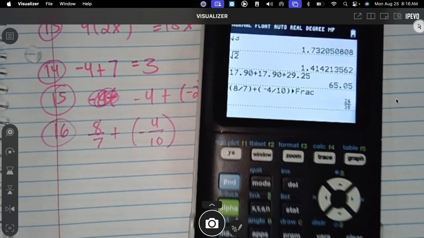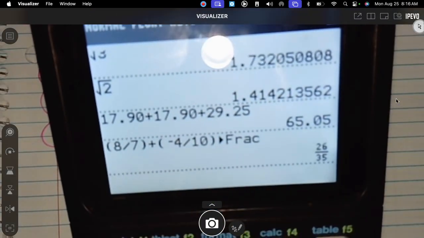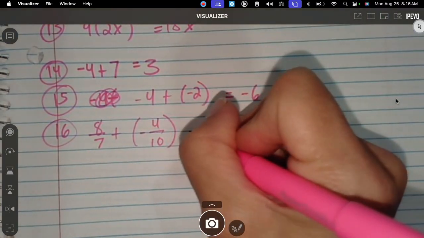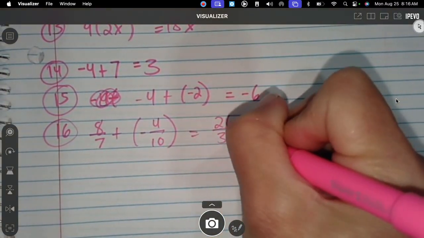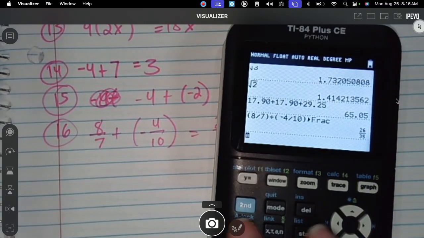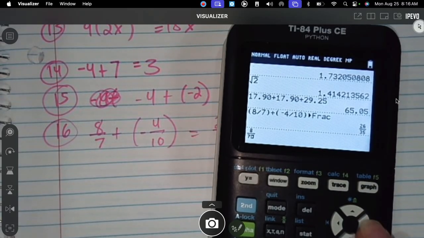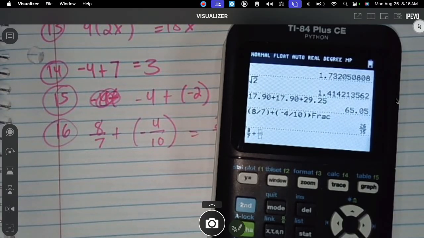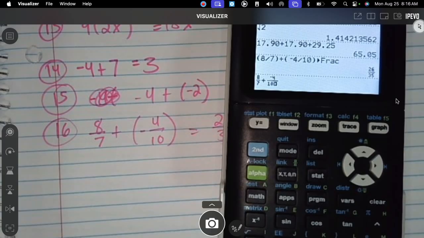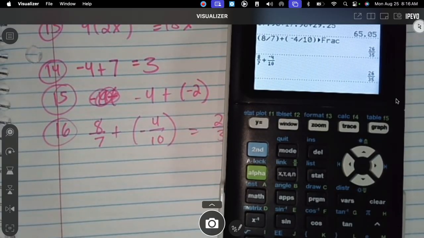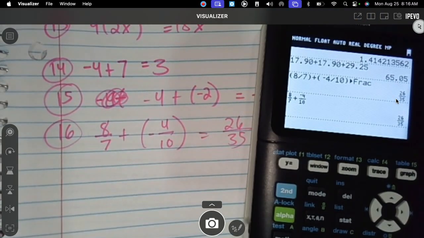Did y'all get 26/35? 26/35. There's also a fraction bar. If you prefer, you can do a fraction bar. 8/7 plus fraction bar negative 4/10. And when you press enter, it just does that already. Just another way. Okay, let's keep going.